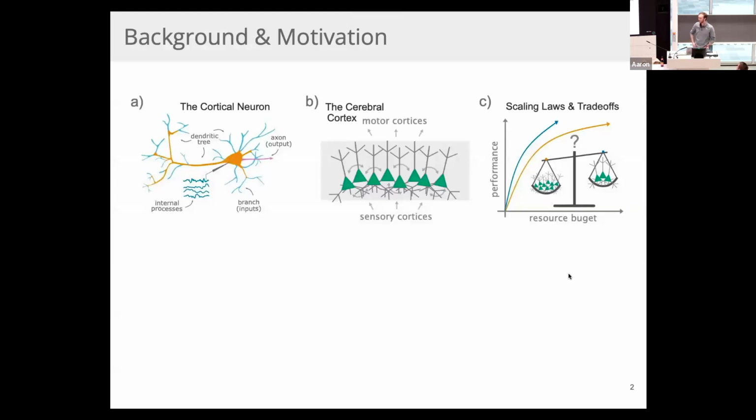If you think of neural systems, in particular if you look at the human brain, you will find cortical neurons, and it seems they're surprisingly complex compared to what people typically assume. They have many branches, a single output maybe, many hidden states, and lots of internal processes that develop over time.